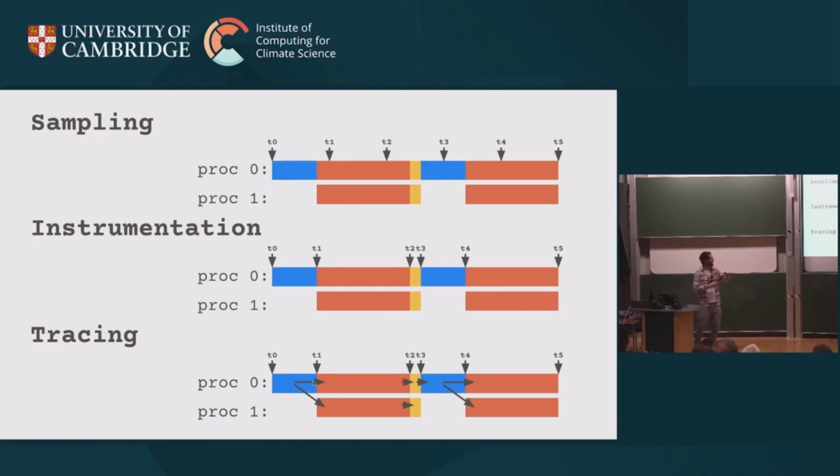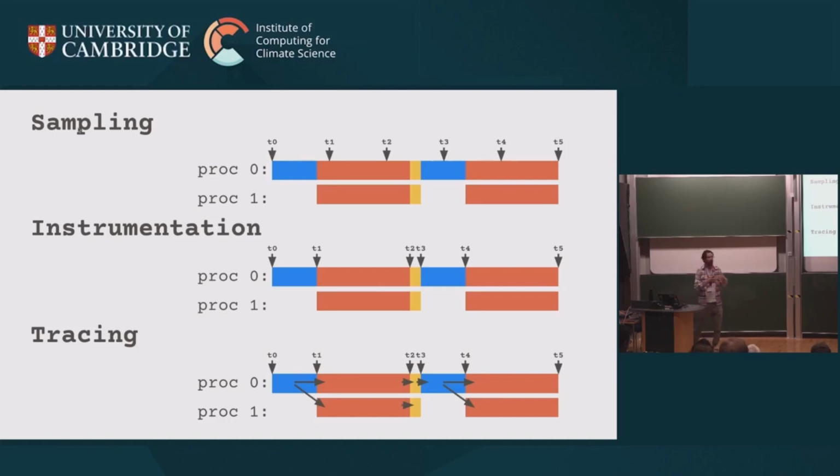You can see, function A called function B, or this function then led to this function. And tracing can be really good at looking at things like race conditions. But it can also just be really good, especially if you've got distributed codes. You can see which data was sent from which process to which process, and you can track this spatio-temporal flow through your code that you don't get with instrumentation and you don't get with sampling.